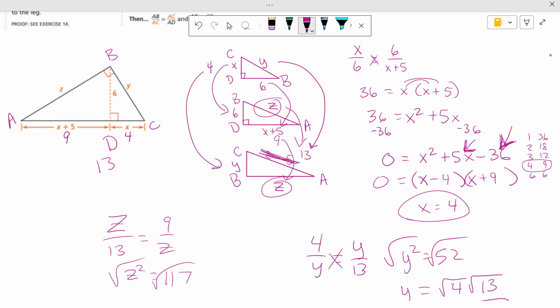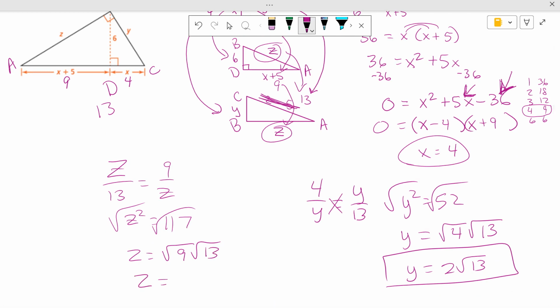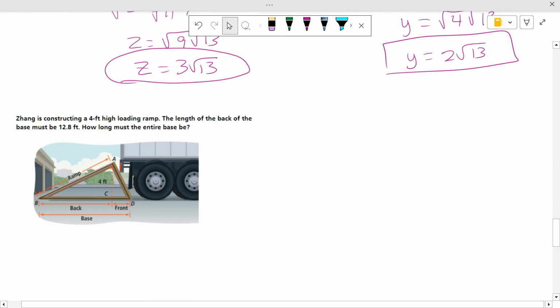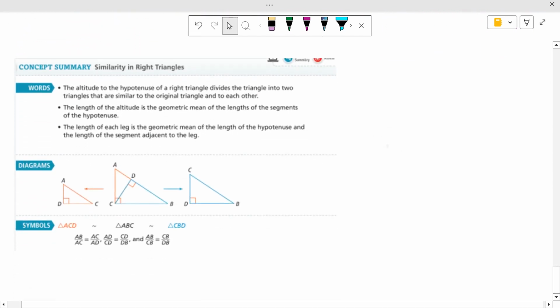And take the square root. And simplest radical form of that is the square root of 9 square root of 13, or 3 square root of 13. So if they ask for simplest radical form, that's what they're looking for. So some of these problems are a little bit more difficult. All right.